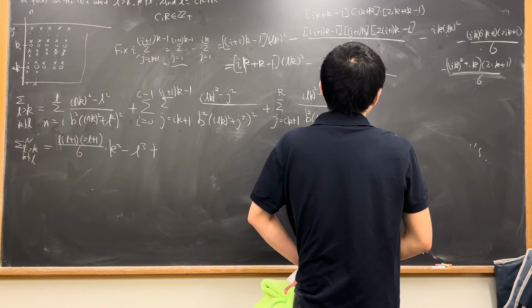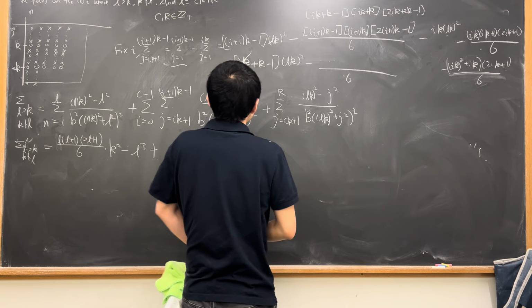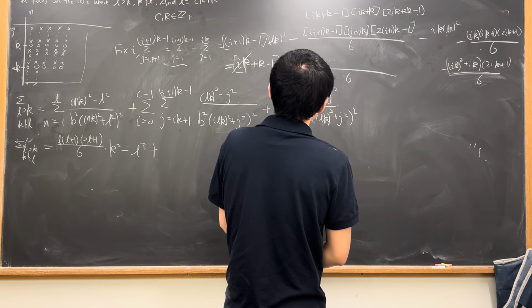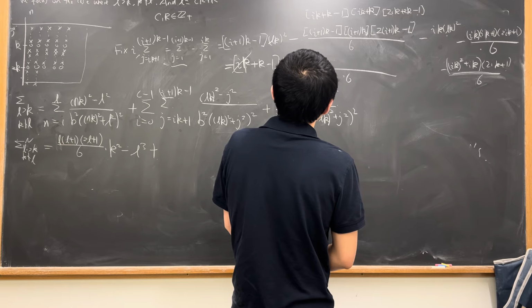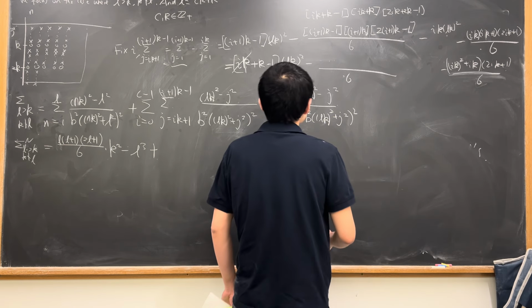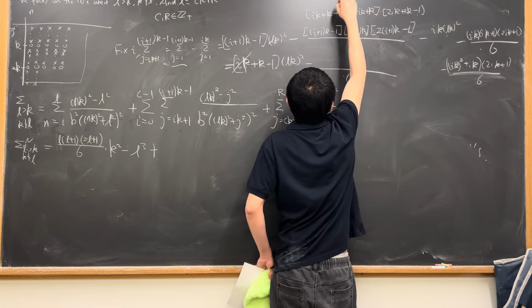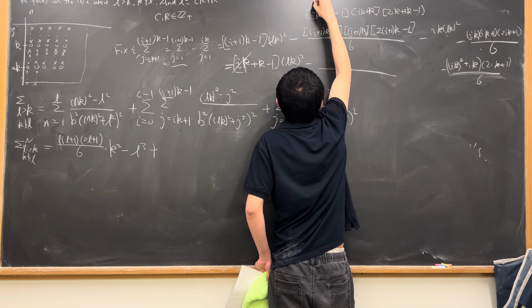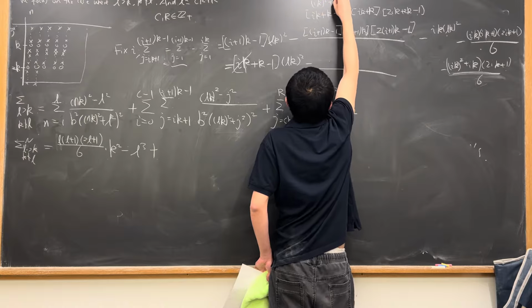So I think this ik is being cancelled out, right? What we are left with is, let me write on the top, this one is ik squared, and this one is plus ik squared.